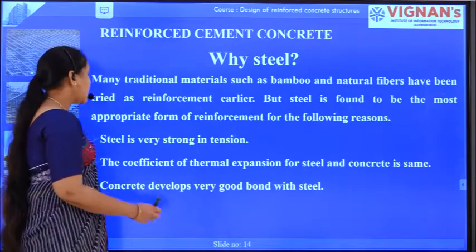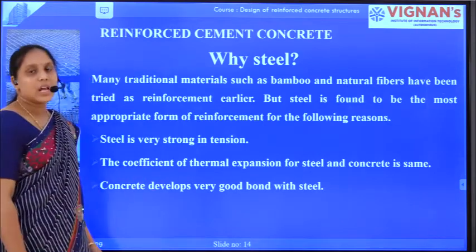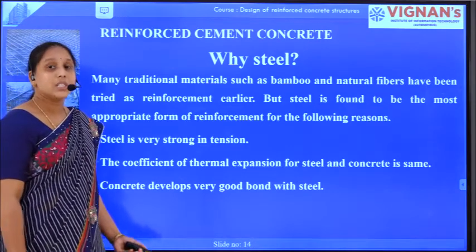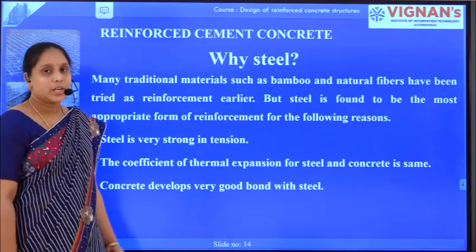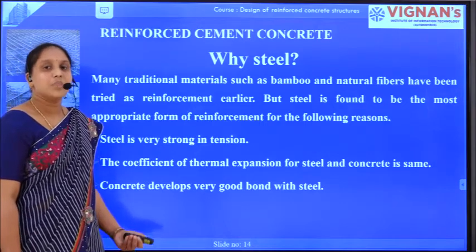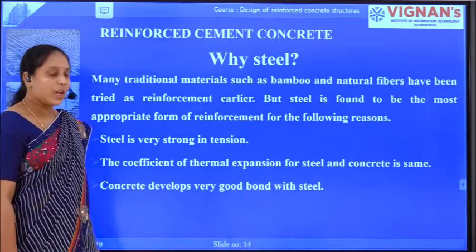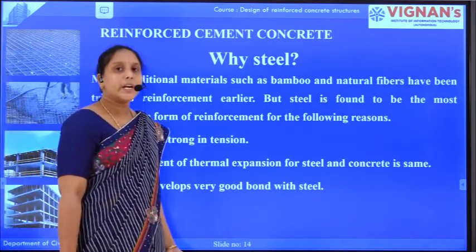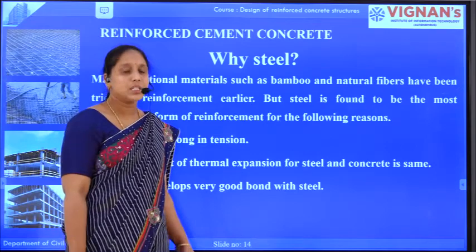So why has steel been found to be the most appropriate material? One thing is, steel has a very good tensile strength, that is, steel is very strong in tension. That is the first thing. The second one is the coefficient of thermal expansion for the concrete as well as the steel is the same.